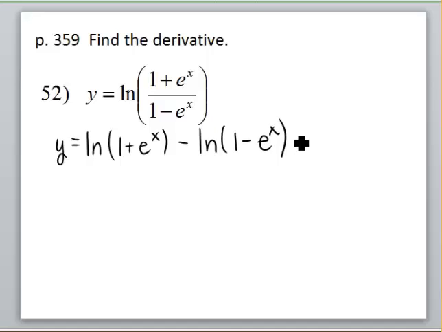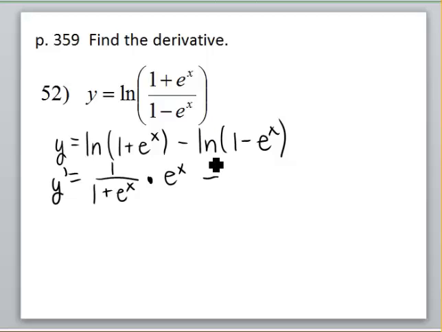Now I'll go ahead and take the derivative. We do know that the ln has a derivative of 1 over whatever follows. Well, whatever follows happens to be the 1 plus e to the x. Then we have to take the derivative of that part. The derivative of 1 is 0, and the derivative of e to the x is e to the x.